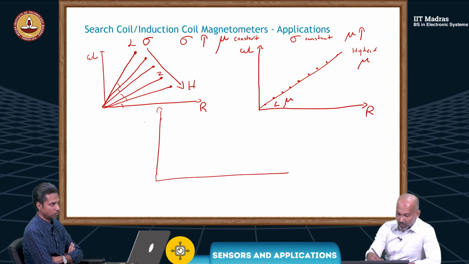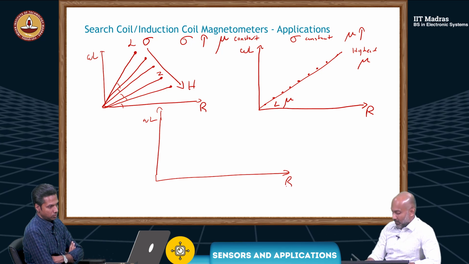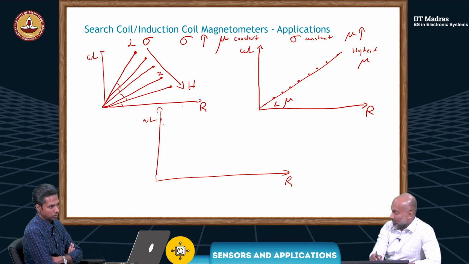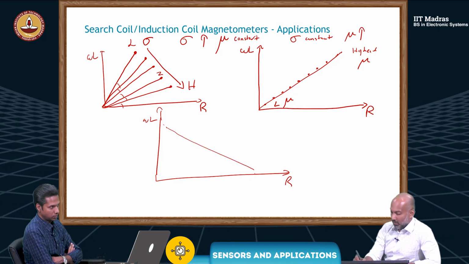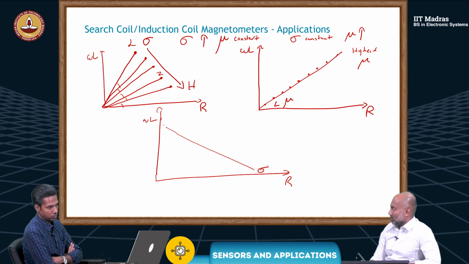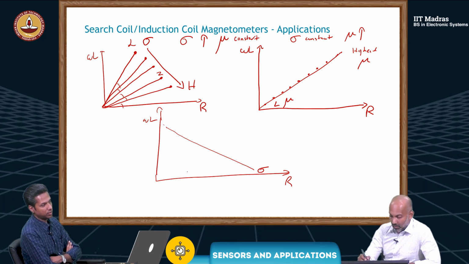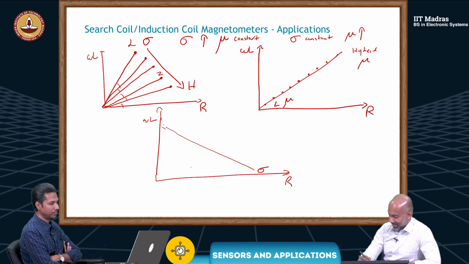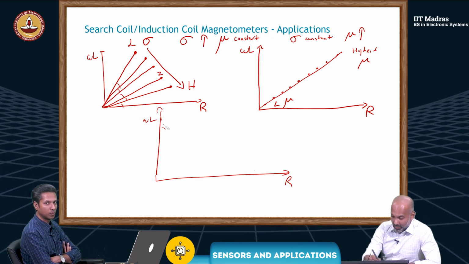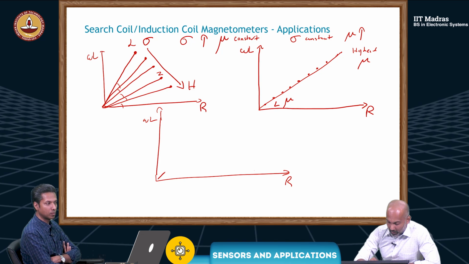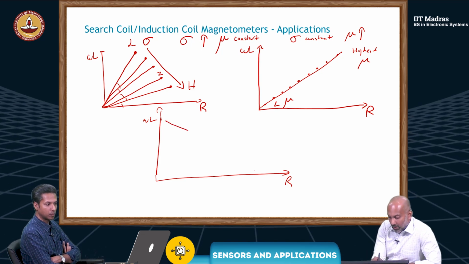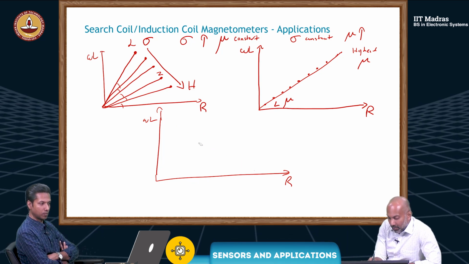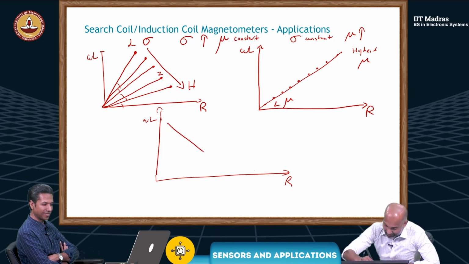Now, what if we draw both together, omega L and R? We have a curve like this, our conductivity curve. What's interesting is that this curve is like this, it should be closer to here. I can't draw a straight line.